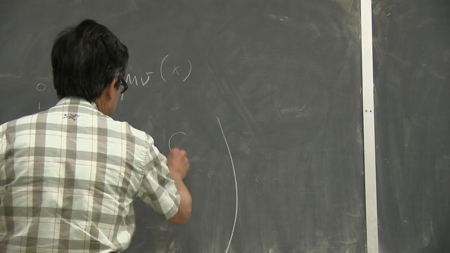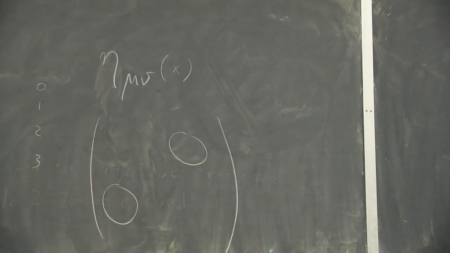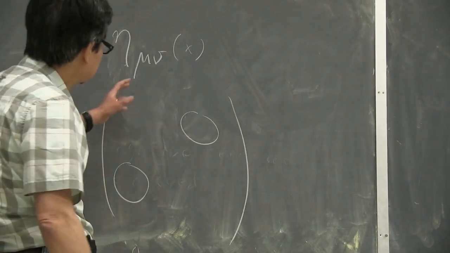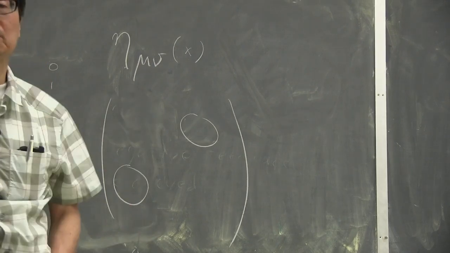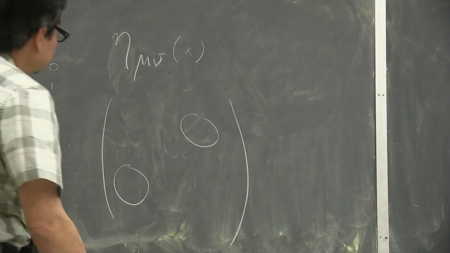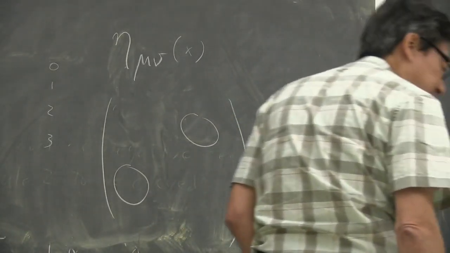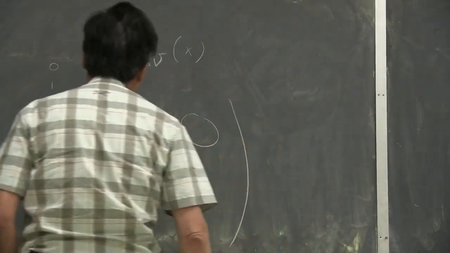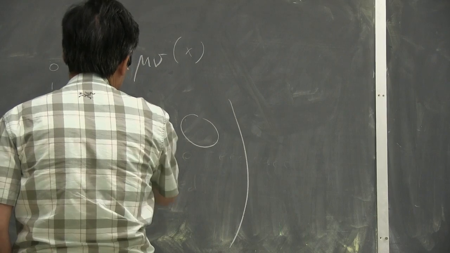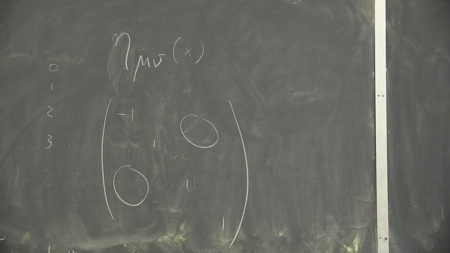And so all the off-diagonal elements are 0. And so when you calculate the length of a vector, you only have to take the terms where mu is equal to nu, okay? But this is not true in general. And in the convention used in this text, based on the older convention of certain physics literature, the value is -1 for the time dimension and 1, 1, 1 for the spatial dimensions, okay?